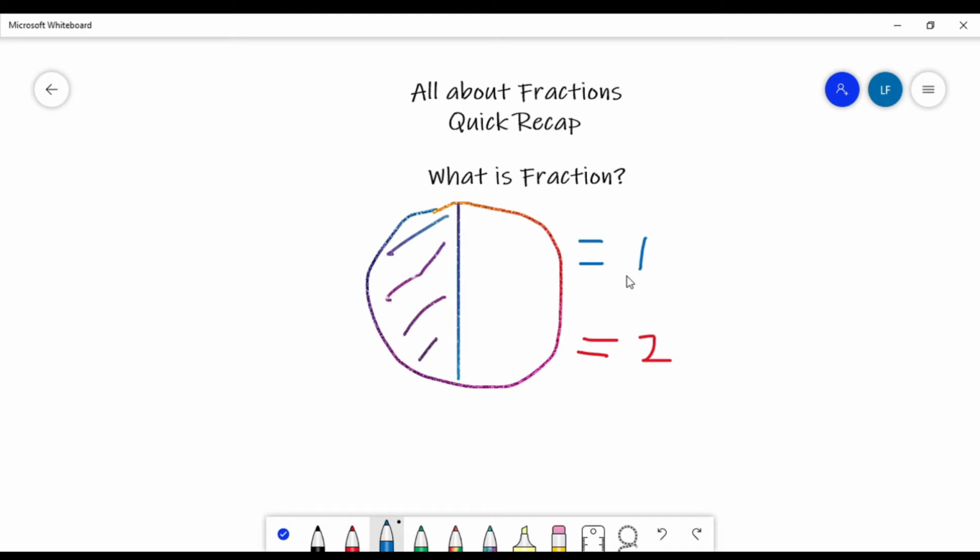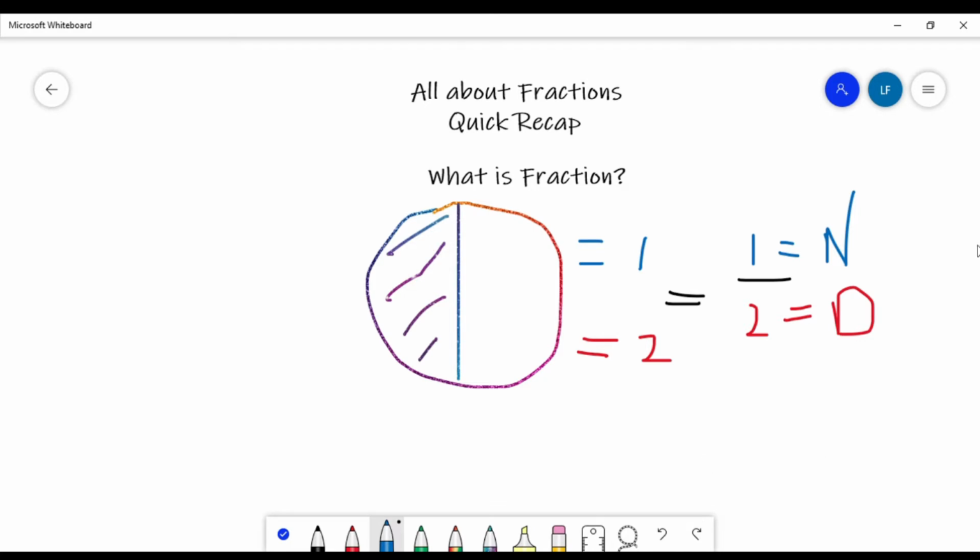So the fraction of pieces eaten from the pie will be 1 by 2, because this is the denominator and this is the numerator.